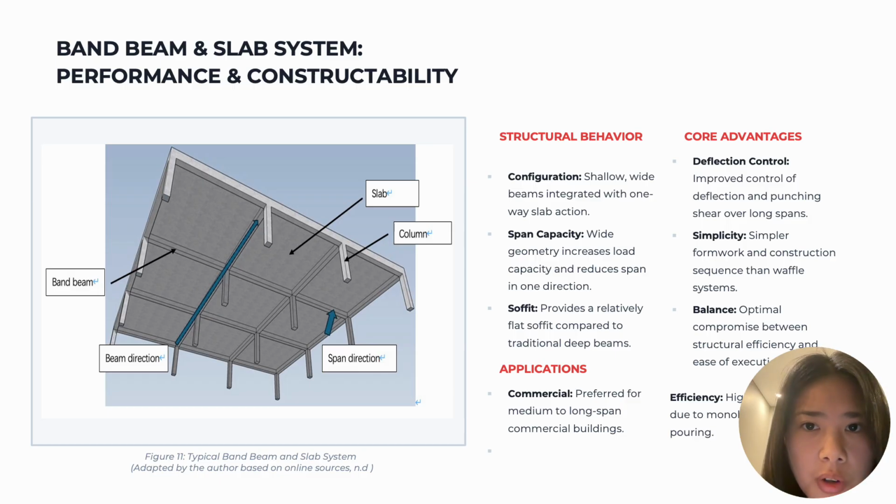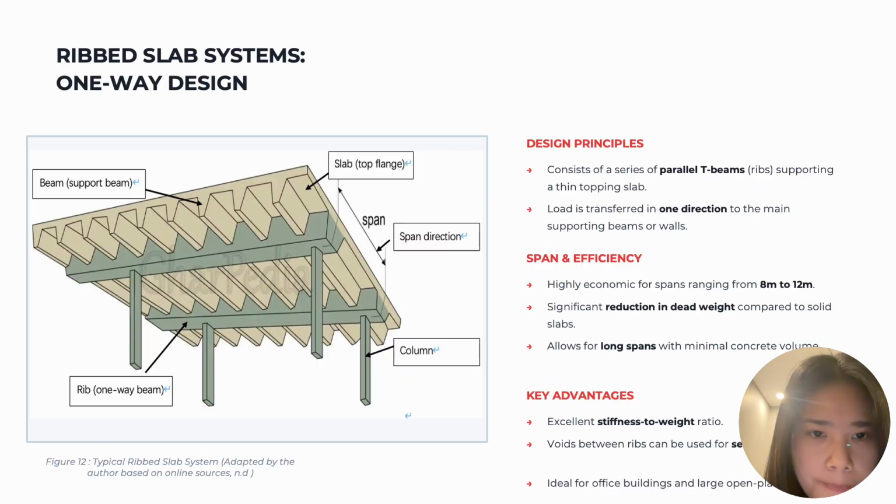This system provides better deflection control than flat slab, while still maintaining a relatively simple construction process. However, the beams may still interfere with services compared to flat slabs, so it is a balanced solution between structural performance and constructability.